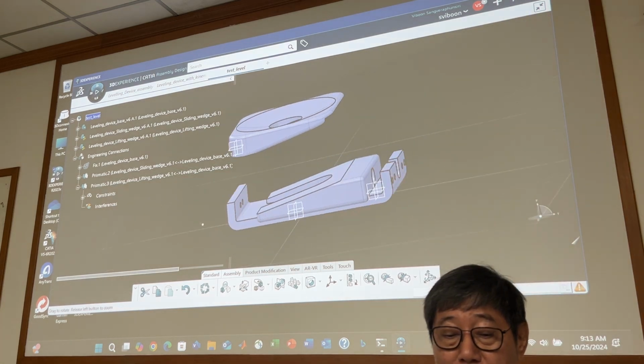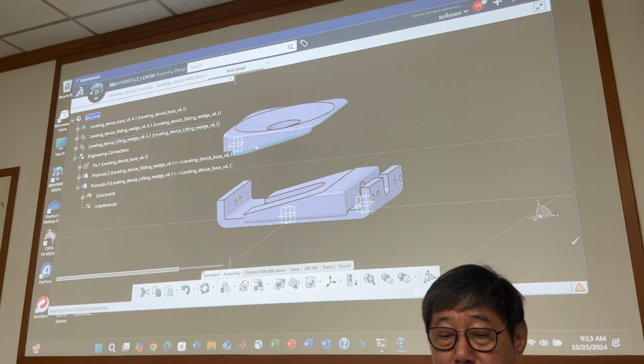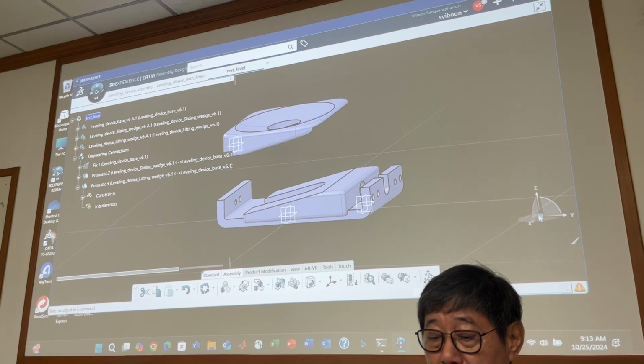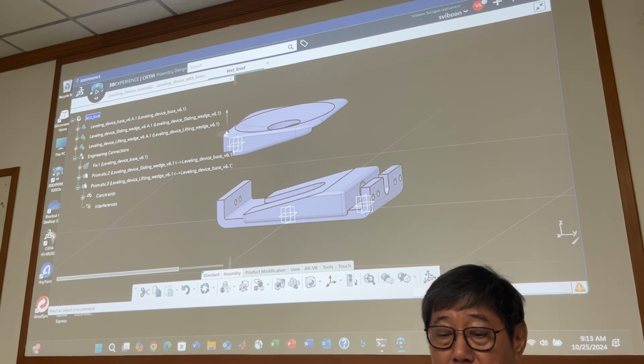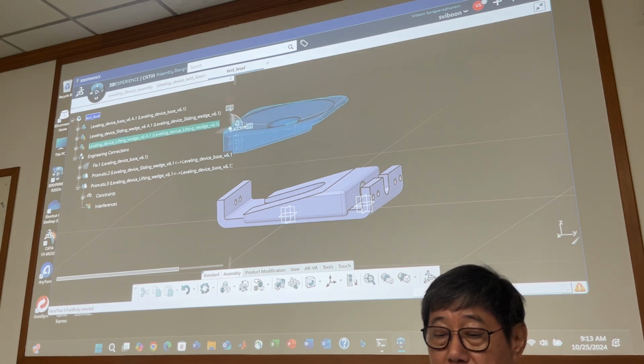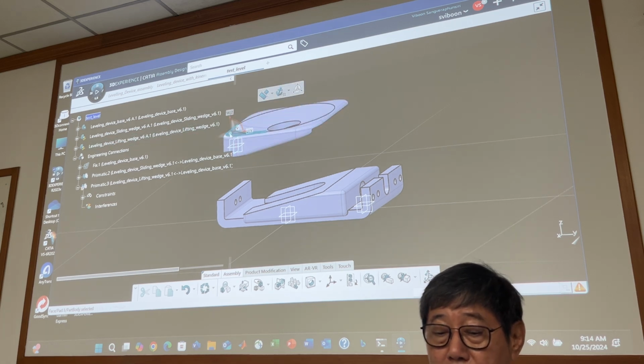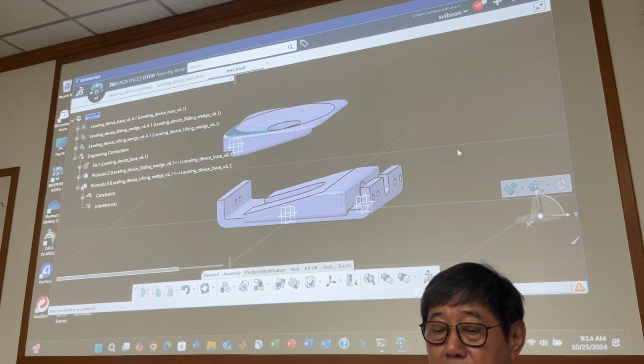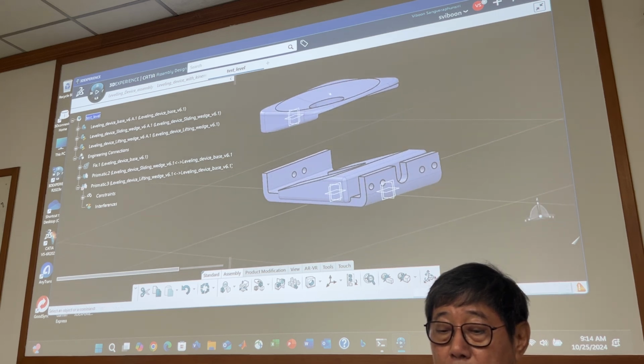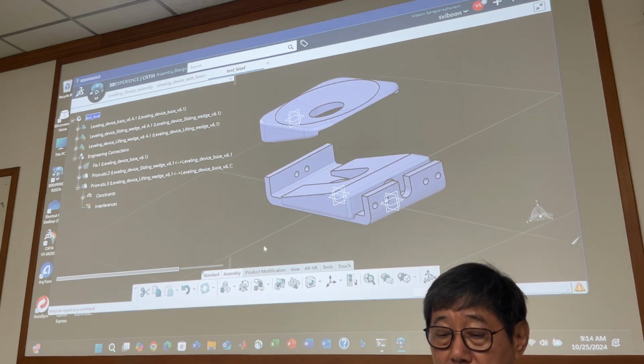Okay, so this is prismatic between this one. So this one can be moved up and down actually. Look at this one. You see, you cannot move to another location, just only up and down. Okay, next, between this one and this one, we do have a prismatic joint, right?